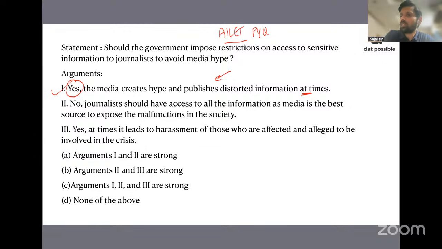That they should have access to all the information, because you understand, right? Of course, in today's day and age, we have the internet and we have social media, but that comes with its own set of problems, right?